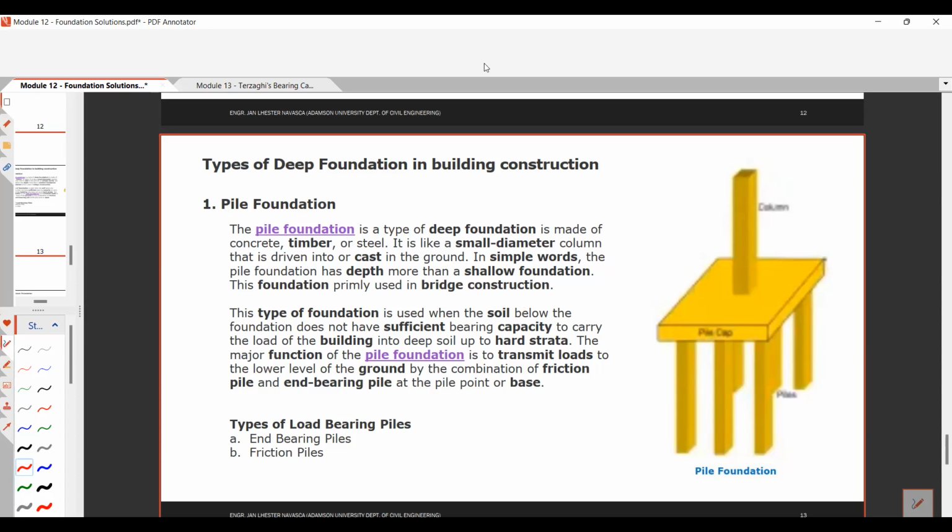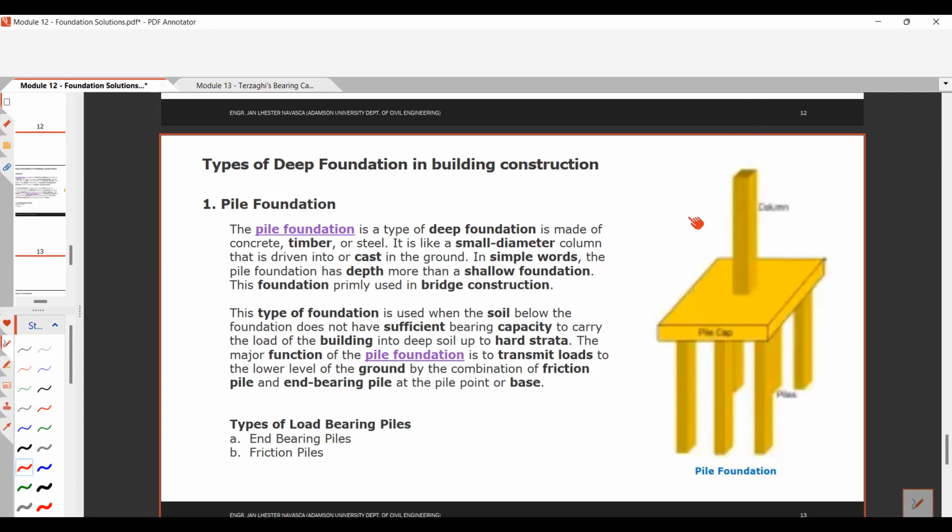Okay? So this type of foundation is used when the soil below the foundation does not have a sufficient bearing capacity to carry the load of the building into the deep soil up to the hard strata. Okay? So the solution is to provide yung deep foundation or the pile foundation because let's say the soil bearing capacity at that specific depth is not sufficient to carry the total loads of the building.